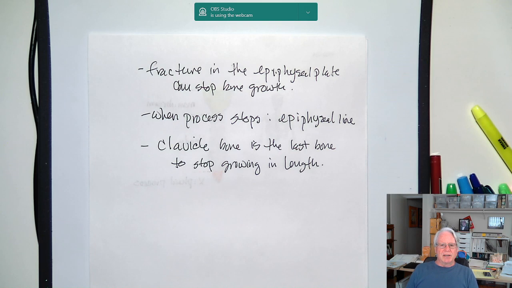Another interesting fact, so remember that this process, the epiphyseal plate, is at both the proximal and distal end of the bone. And typically, the distal end of a bone will cease growing before the proximal end of the bone. So they don't coordinate, they don't stop both at the same time. And often what happens is the distal end of the bone will stop growing while the proximal end of the bone is still going through a growth process. And so this was actually highlighted to me when I was raising children.